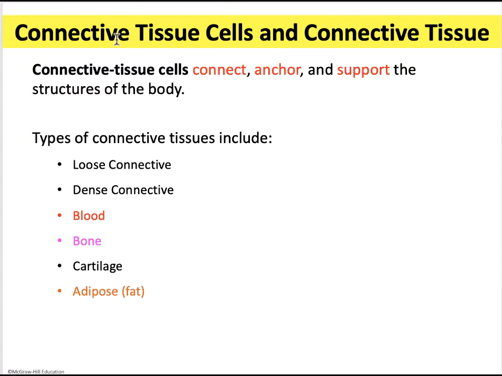So what does connective tissue do? Well, it connects things together. It connects epithelial cells to something else, or it connects muscle cells to something else. In the process, connections can be used for anchoring things and supporting things.